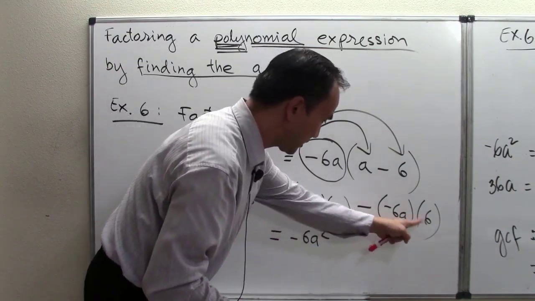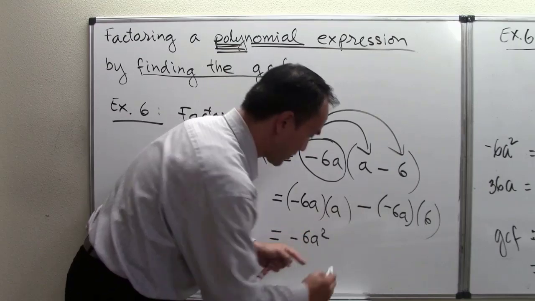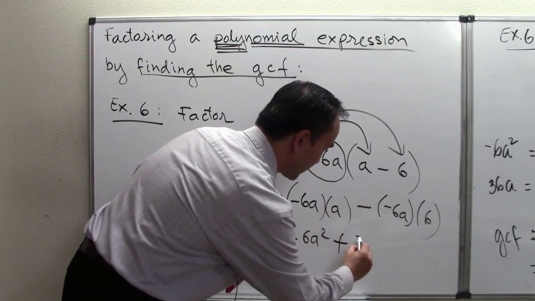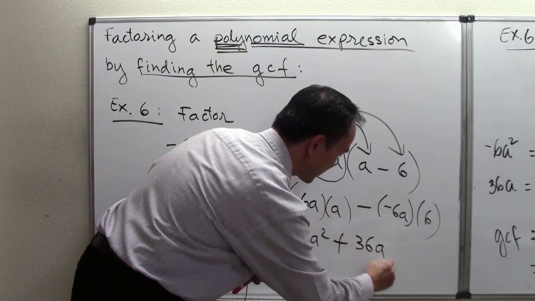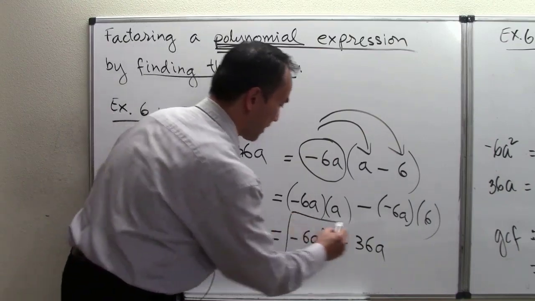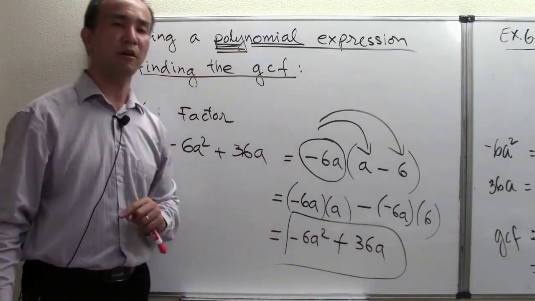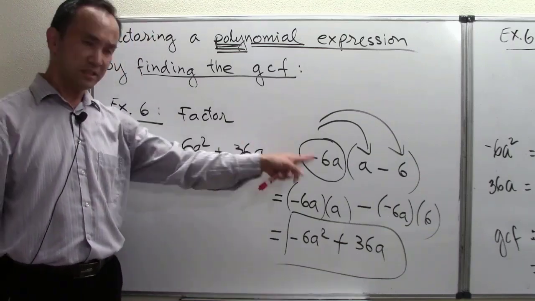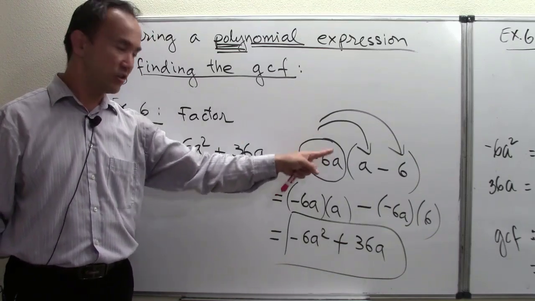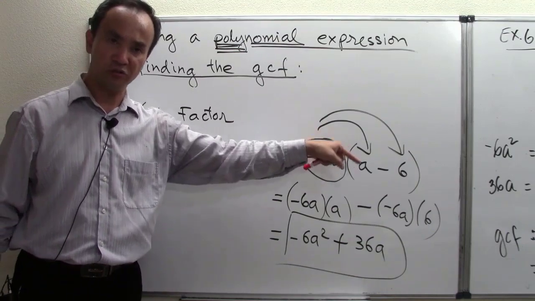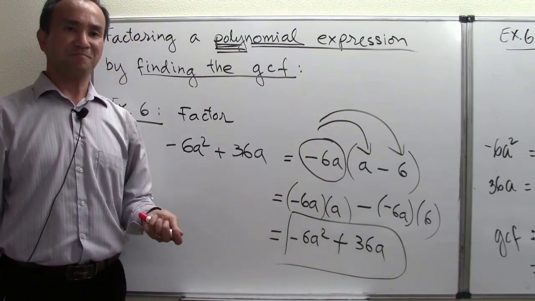Minus 6a times 6, but with the negative sign, makes it positive. So 6 times 6, 36. And so we have landed on an expression that looks exactly the same as our beginning polynomial expression. And so this technique introduces how we should be able to check our answer.